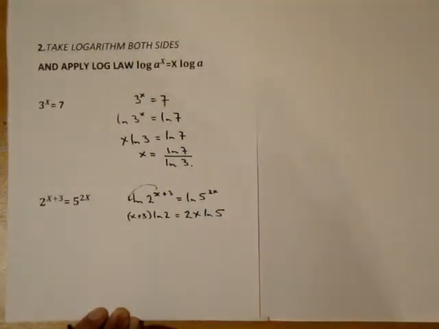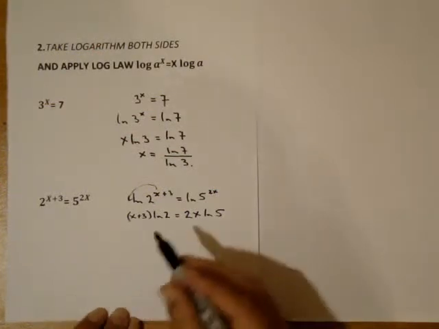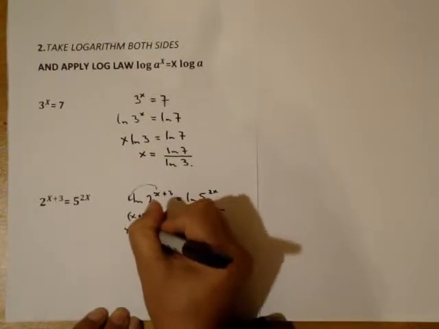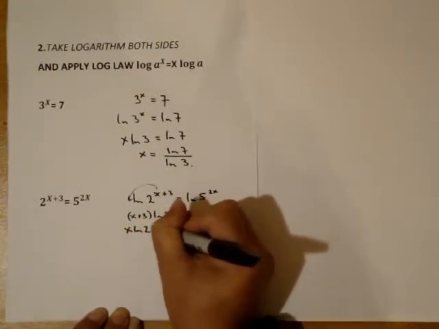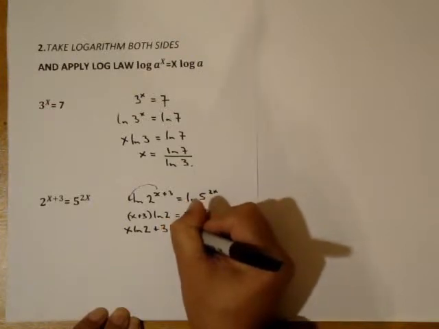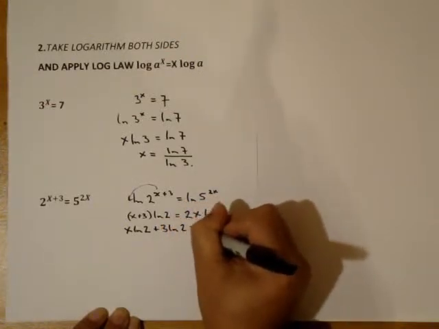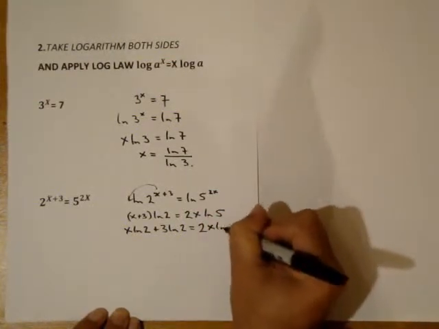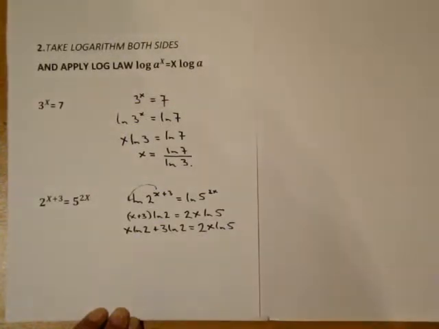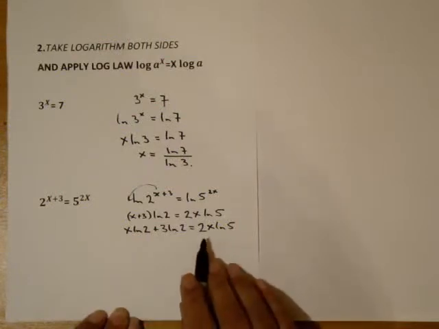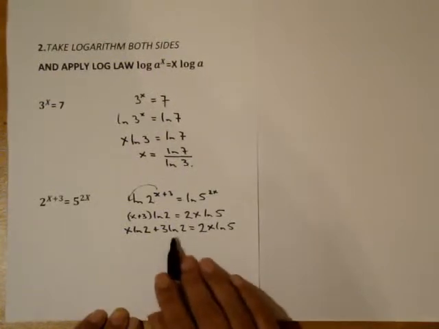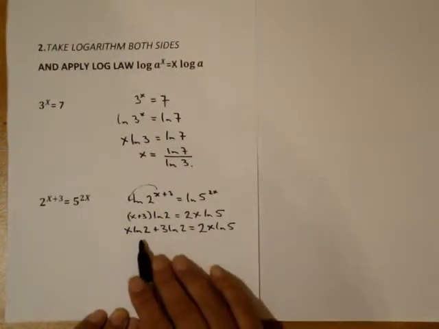Now when we get rid of the brackets here, this becomes x natural log of 2 plus 3 natural log of 2 equals 2x natural log 5. Now what we can do is minus x log 2 from both sides to get rid of this x.